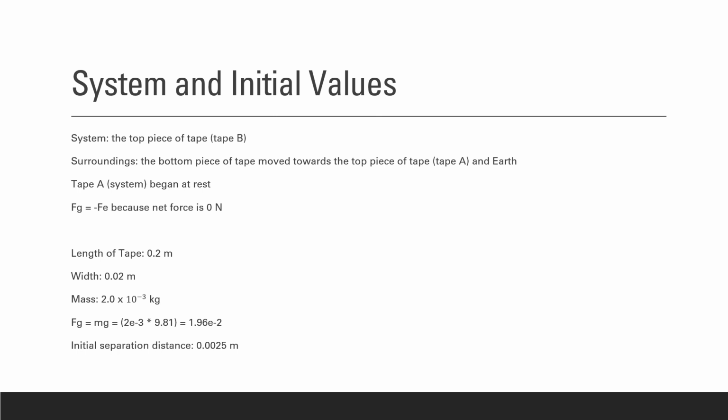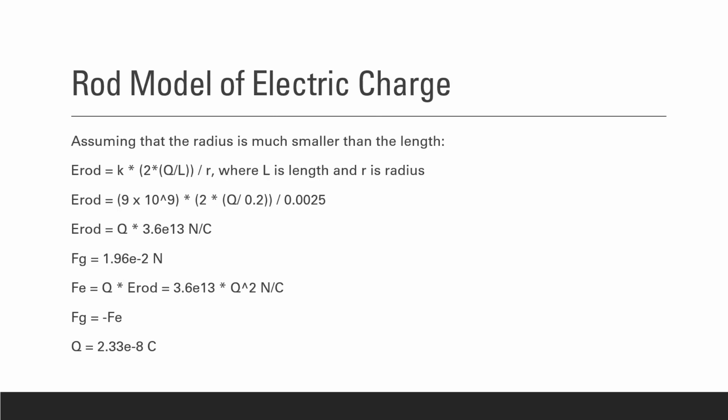According to the rod model of electric charge, if we can assume that the radius is much smaller than the length, we can use the formula: field of rod is K times 2 times charge divided by length divided by radius. When we plug in radius and length, we can see that the radius is much smaller than the length.